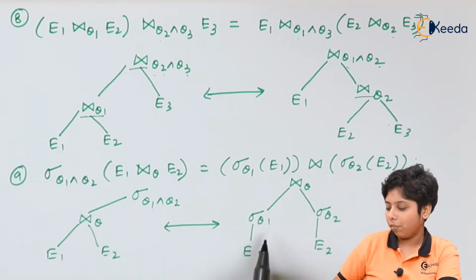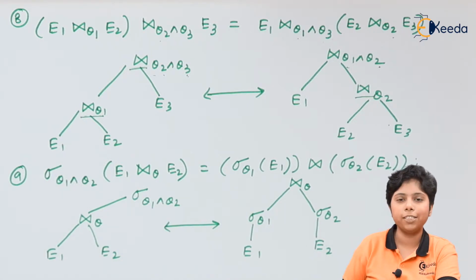So now the theta 1 selection on E1 and theta 2 selection on E2 have been joined into this theta join. So that is the distribution of the selection over two relations.